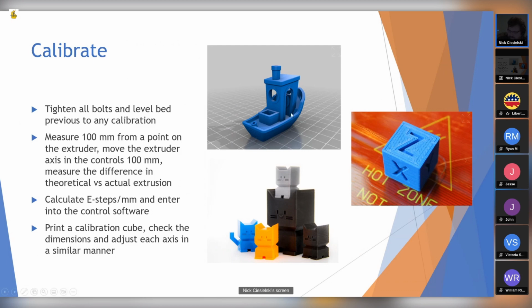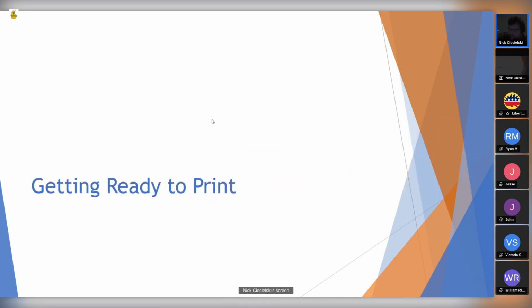So this is a test to see if your printer is set up enough to handle that. Those are fun ways to get started and make sure that you've got the printer set up right.